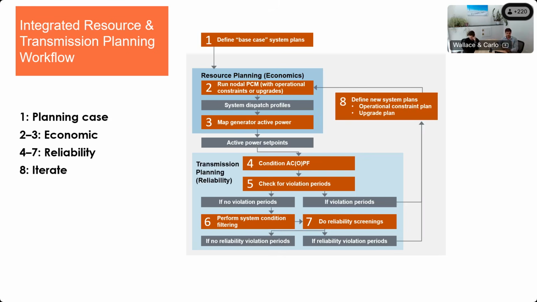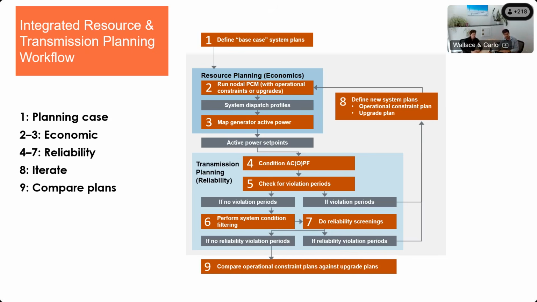One, he may define some necessary transmission upgrades that may be required to ensure that the system can operate reliably, or two, he may define some operational constraints. So he's going to define constraints on how to consider or model transmission and or allow generation to dispatch, to ensure that the system leads to dispatch conditions that lead to a reliable operation of the system.